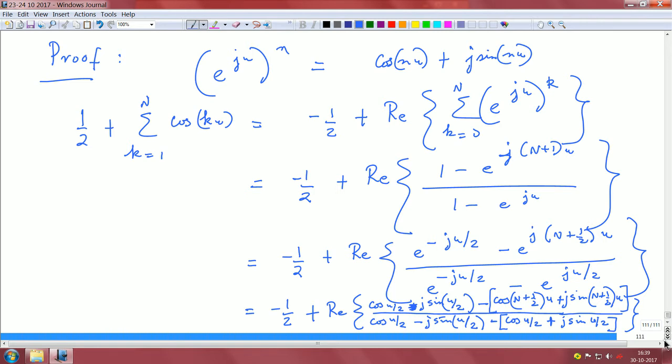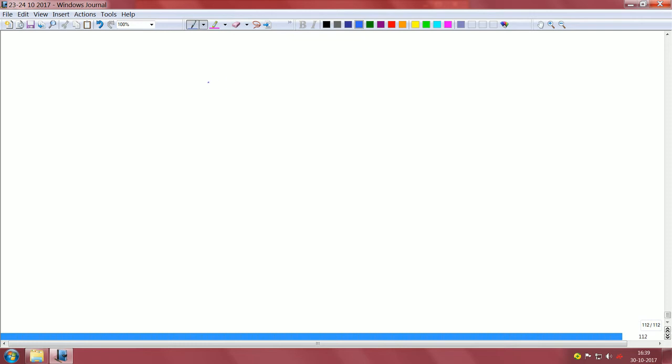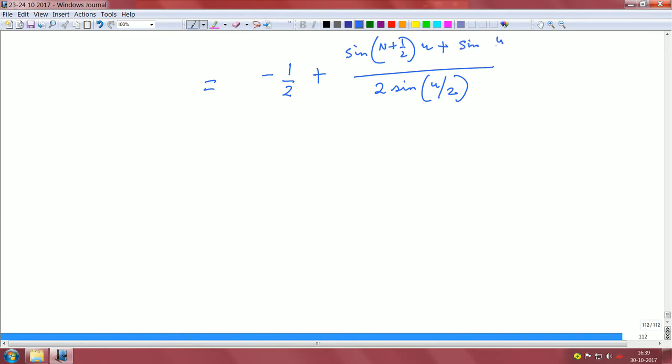So if you simplify this carefully, it is minus 1/2 plus sin((n plus half) u) plus sin(u upon 2), over 2 sin(u upon 2). I mean, how do I get this?